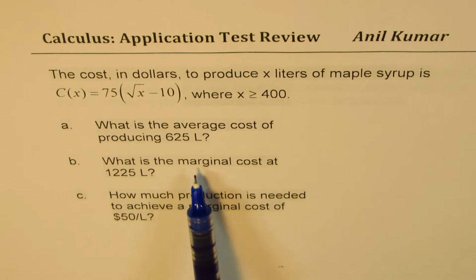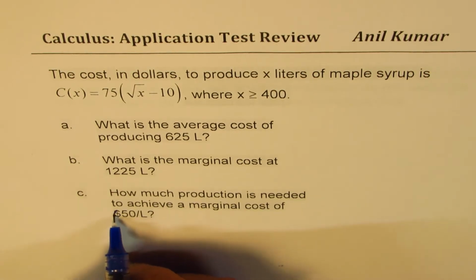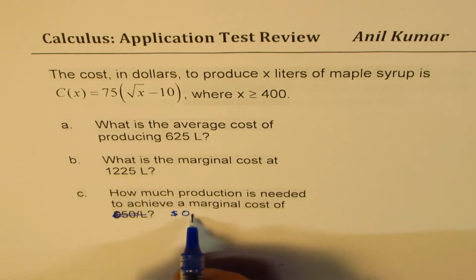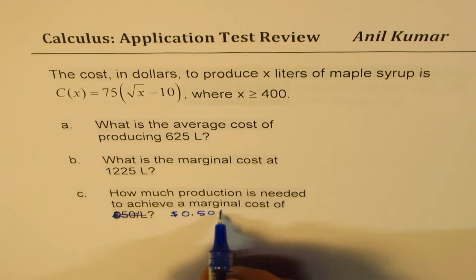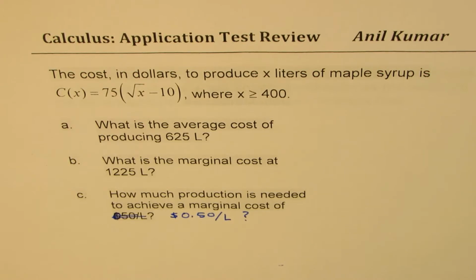What is the marginal cost at 1225 liters? And how much production is needed to achieve a marginal cost of, this should be cents, right? So let me rewrite this. Marginal cost of 0.50 per liter. Is it okay? So that is the question for you. It's a test question. You can always pause the video, answer, and then look into my suggestions.